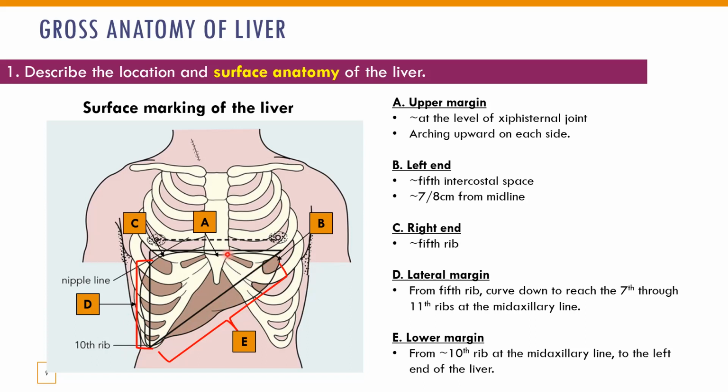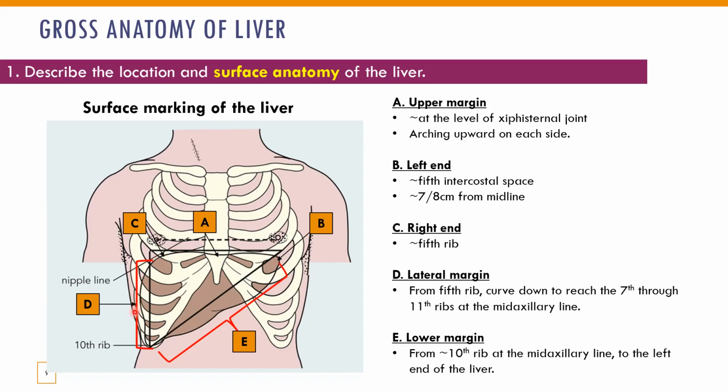So from the xiphisternal joint, it arches towards the left end at the 5th intercostal space, and toward the right end at the 5th rib before it curves downward to reach the 7th rib.